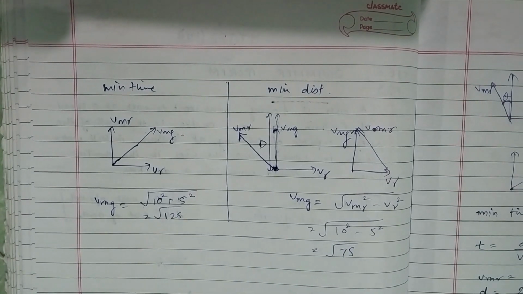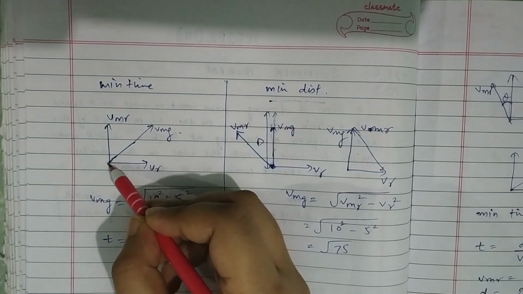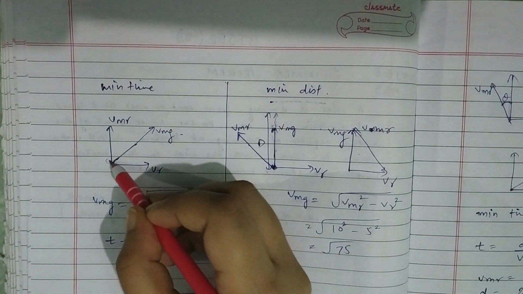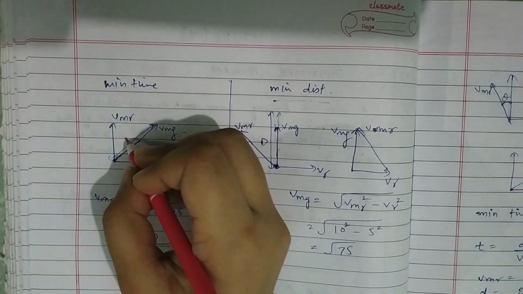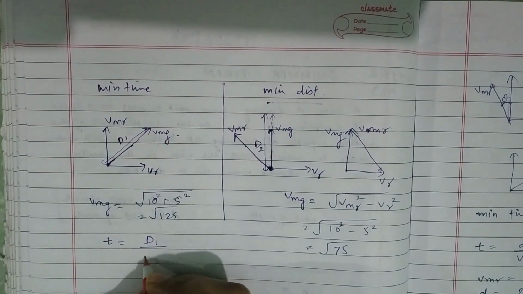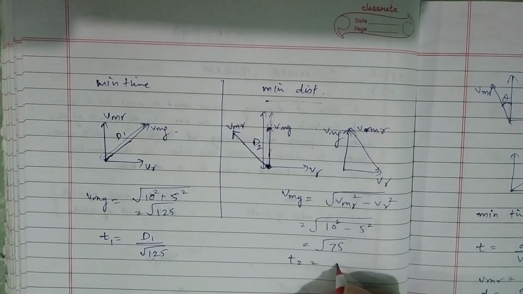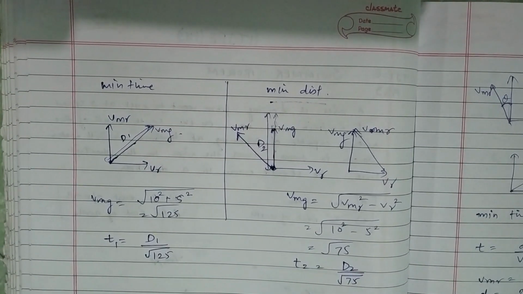Now, the time it takes to cover the distance from here to here will be the final distance d upon, let's say this distance is d1 and this distance is d2, right? So d1 upon root 125, and here the time taken by this person will be d2 upon root 75.